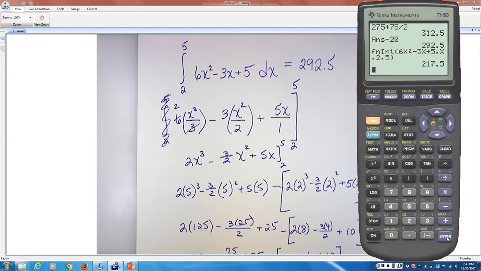Give me a different answer. What did I do wrong? Squared minus 3x.